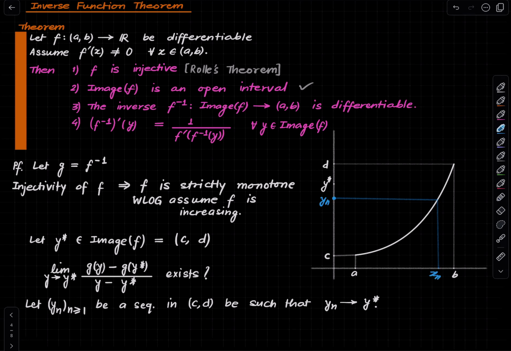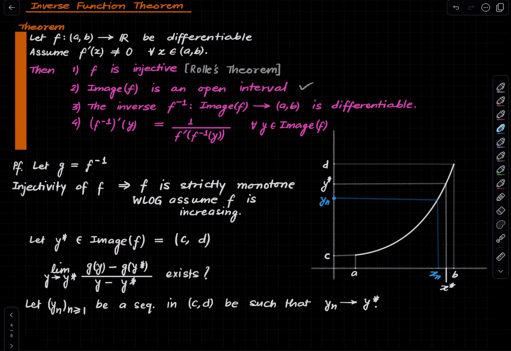And let us also mark out the point corresponding to y star. So here we have x star. Now, this function g is the inverse of an injective continuous function on an interval, so g is continuous.